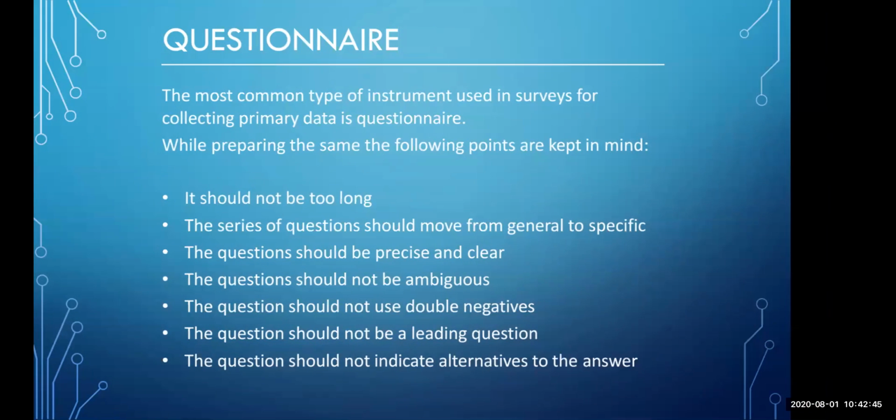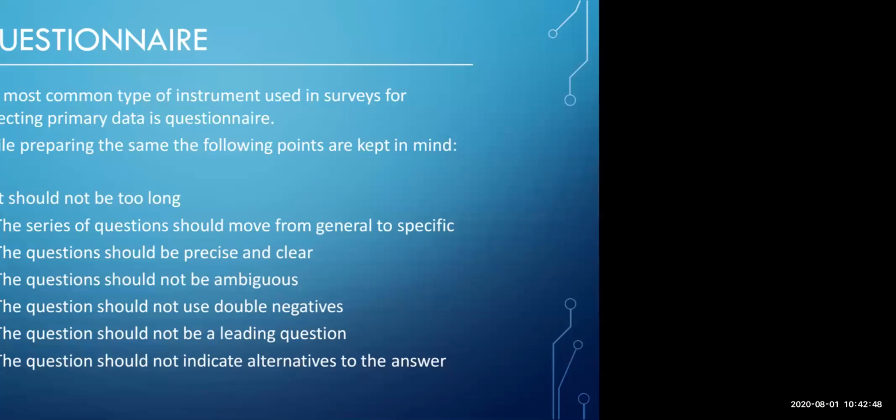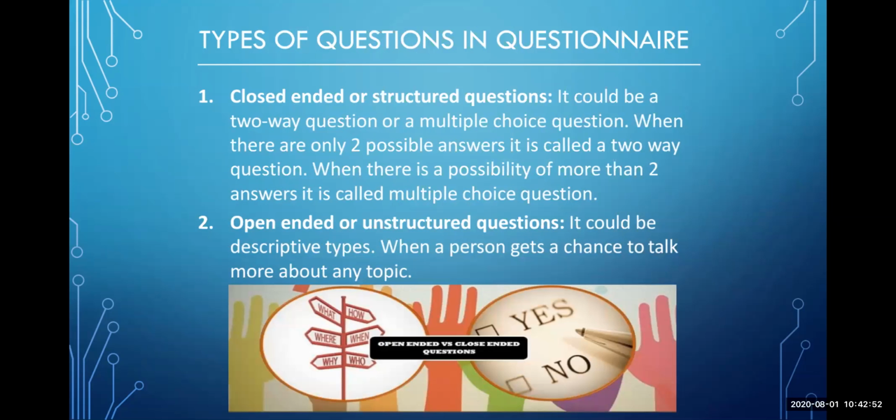Now, let's talk about the questionnaire method itself. There are two types of questions in questionnaires: close-ended, or you can say structured questions, and open-ended. Close-ended questionnaire is also known as structured question, and open-ended is known as unstructured question.